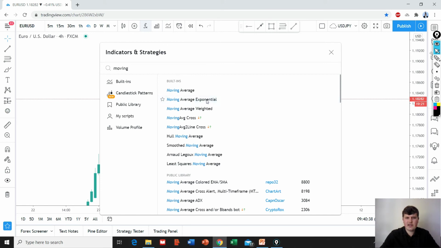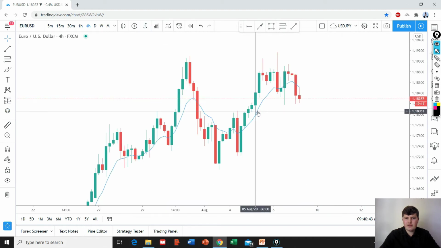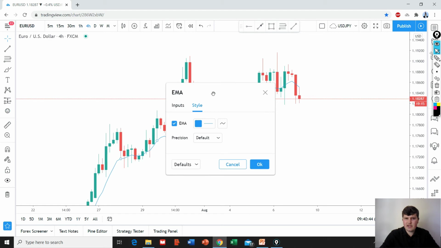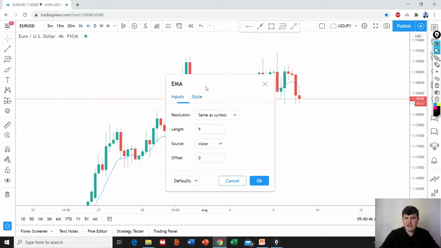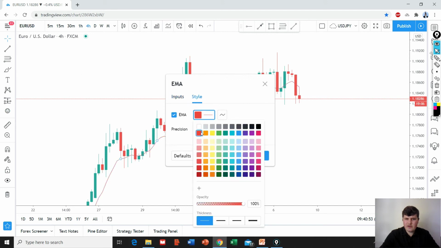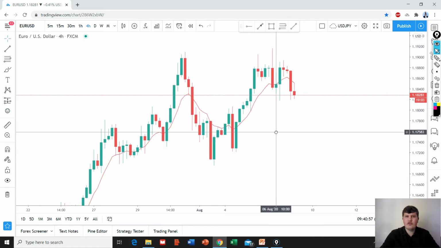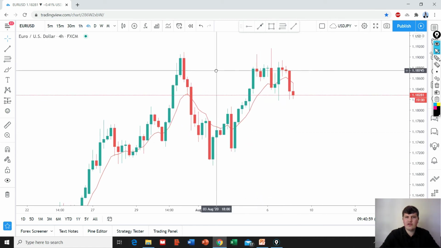So just click on the moving average exponential, and to edit it, you double click on it. In Inputs, you can see the length is 9, and you go to Style, you can style it any way you like, and that is the first moving average to have on your chart.